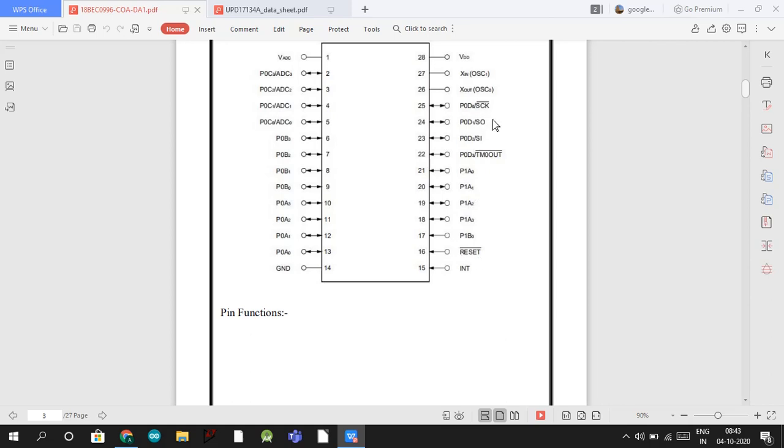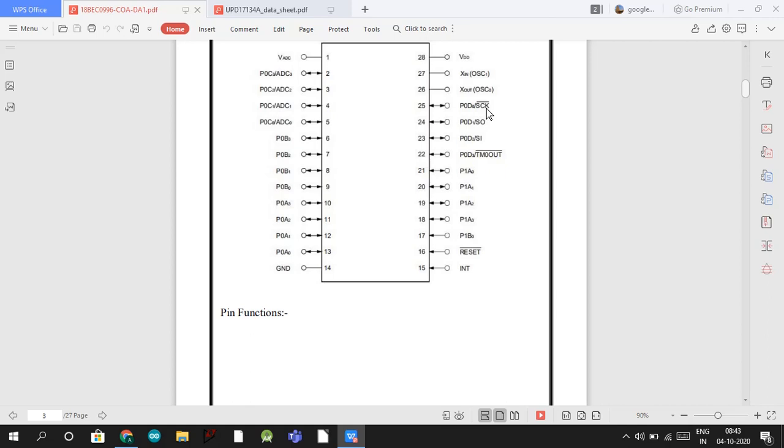SCK is connected with pin 25, the serial clock input or output. SI is serial data input, SO is serial data output, and T mod output is the timer 0 carry output. VADC is the analog power supply, this is the power supply, and X in and X out act as the system clock oscillation.